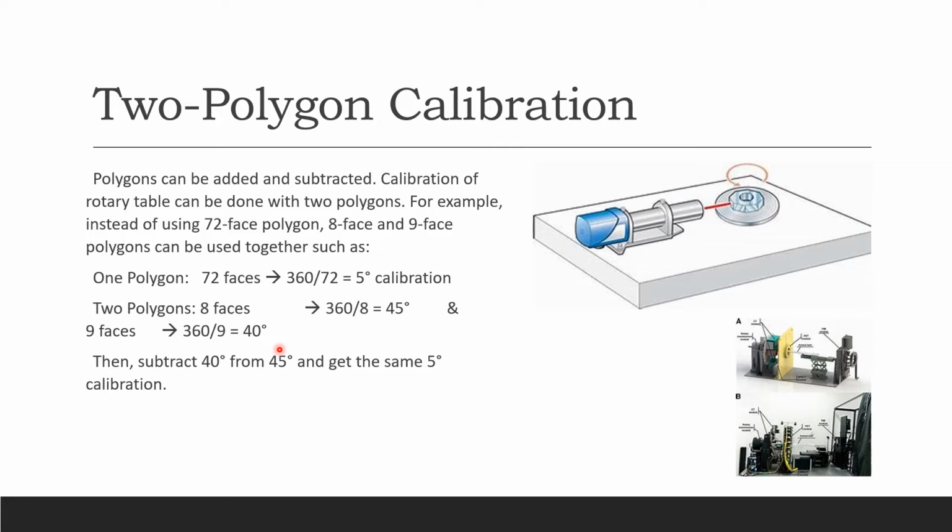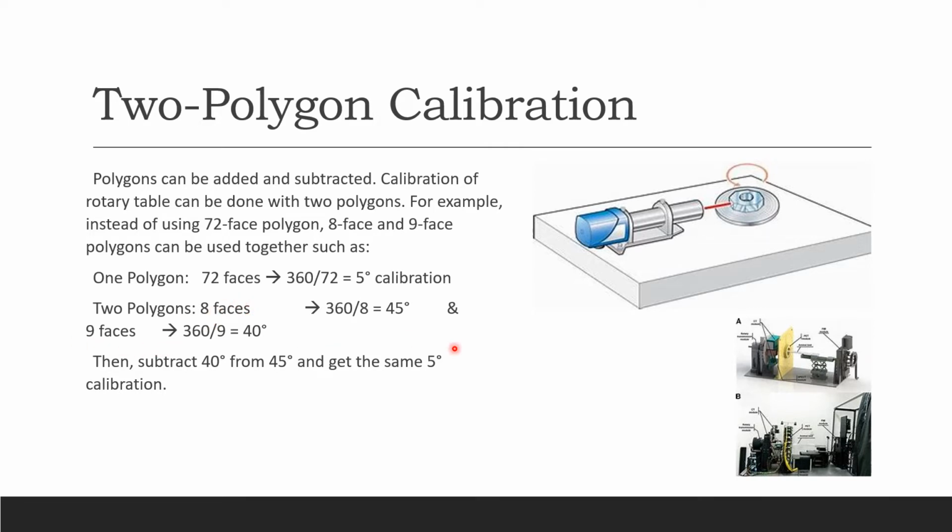How do we calculate the calibration angle? All we have to do is use our total angle, 360, divided by the phases, and you get your angle. Then you subtract, because you're using two of them, and it gives you the same 5-degree calibration. Therefore 72 phases can be broken down into 8 phases and 9. How do we decide what phases to use equivalent to 72?